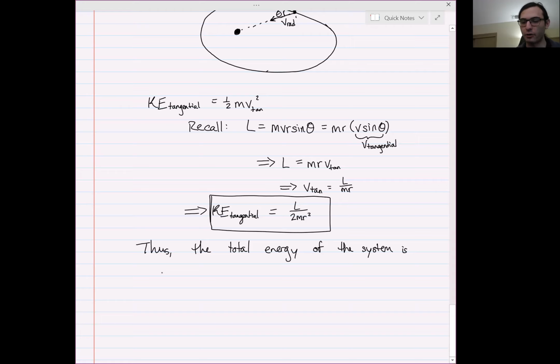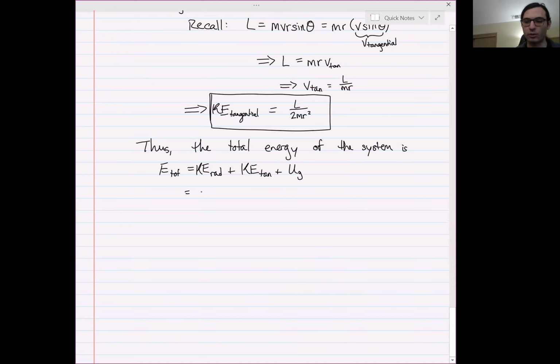is, well, let's write it out. E total is the kinetic energy in the radial direction plus the kinetic energy in the tangential direction plus the gravitational potential energy. That's just always there. And so substituting in, we get 1/2 m v r squared plus L squared over 2 m r squared minus, and I'm dropping the constant here because it doesn't matter, G M m over r.